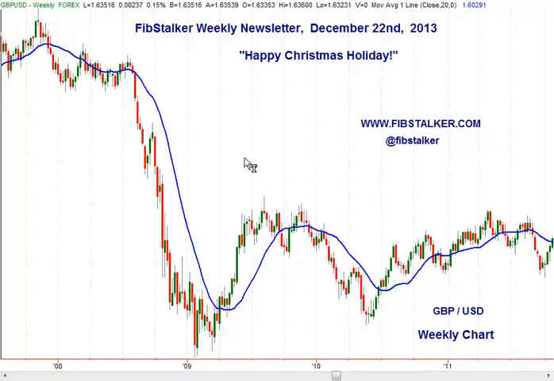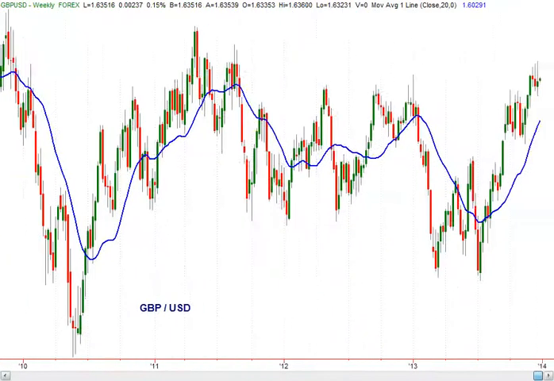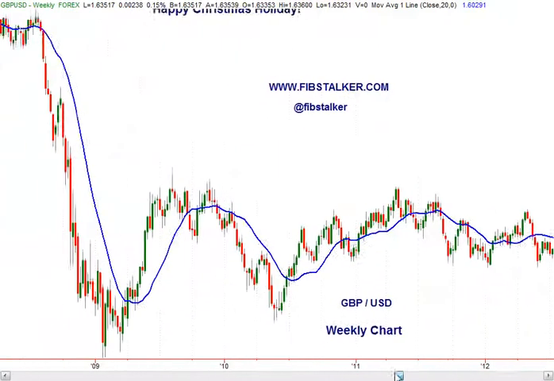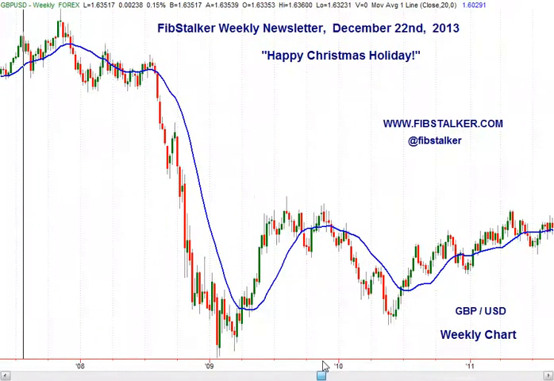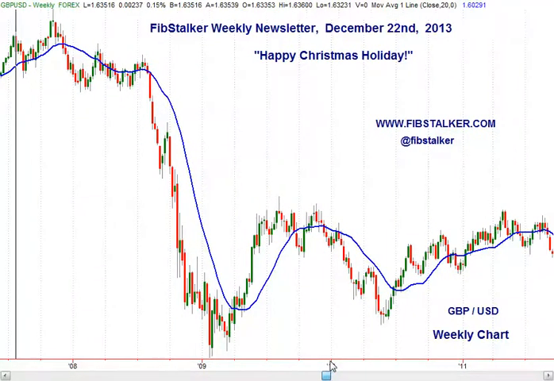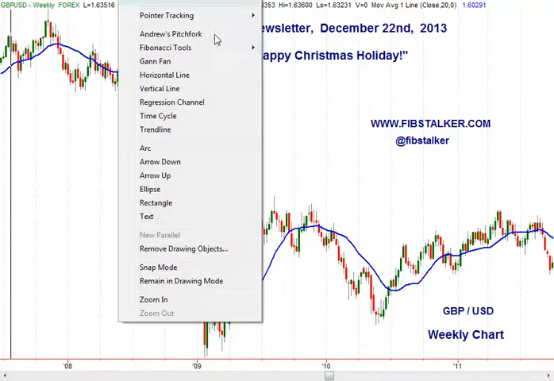What you see on the screen is the weekly chart of this pair, and this pair has been in this large, almost 4 years long, sideways action on the weekly.